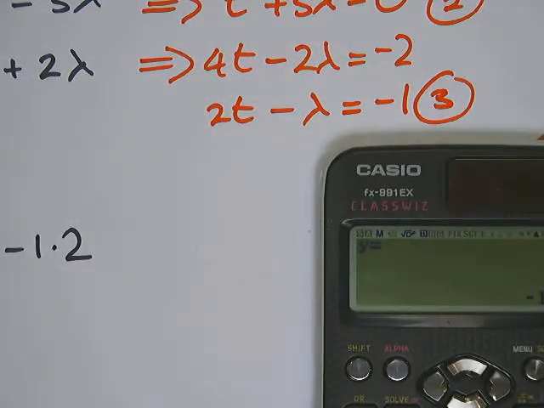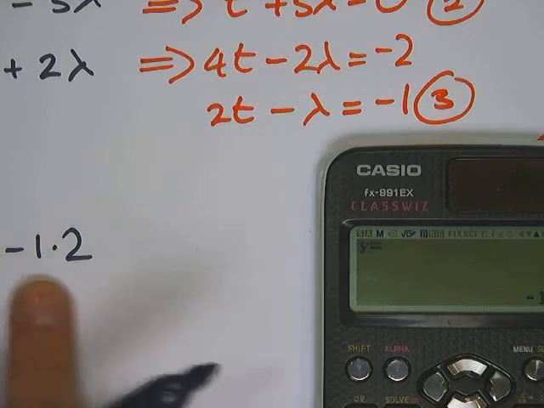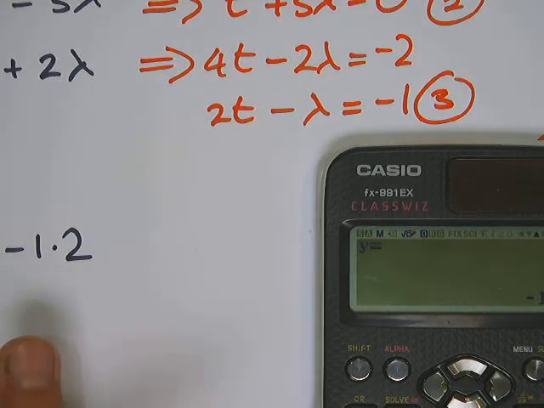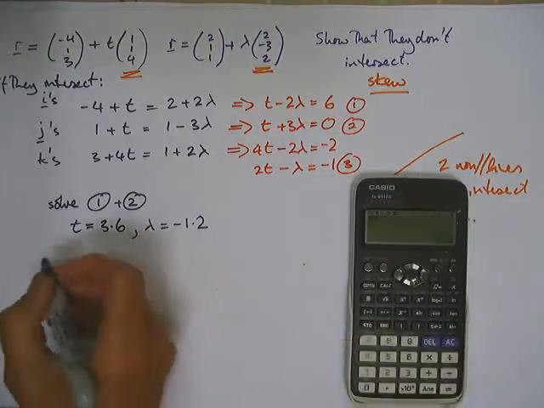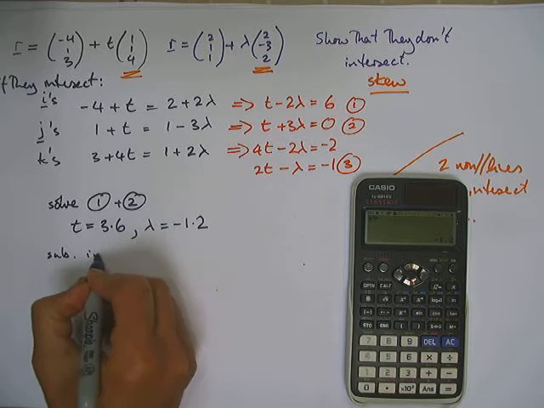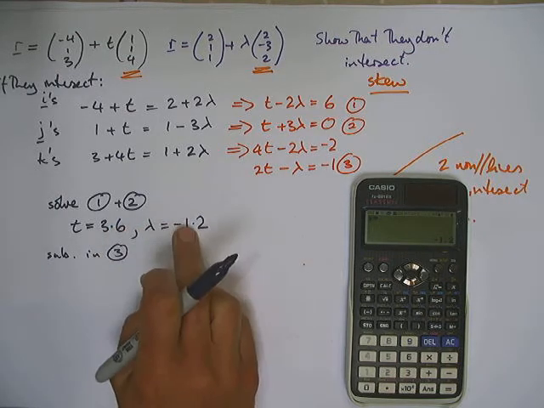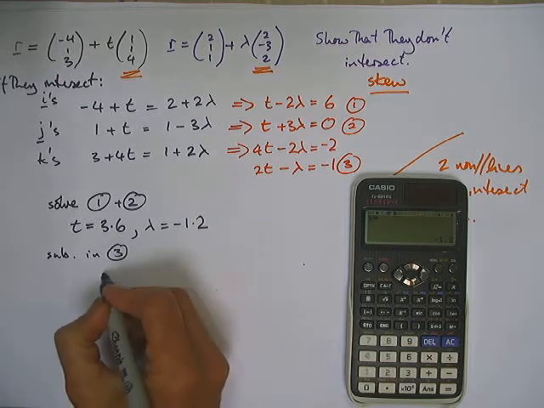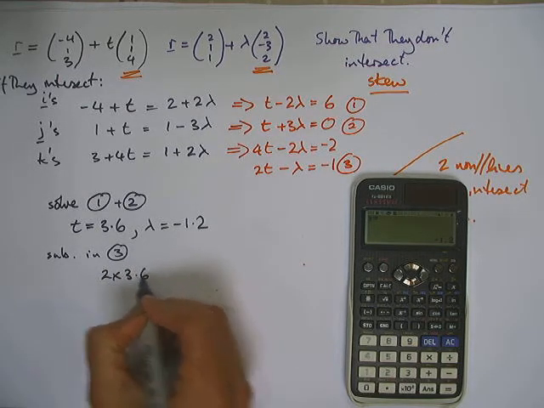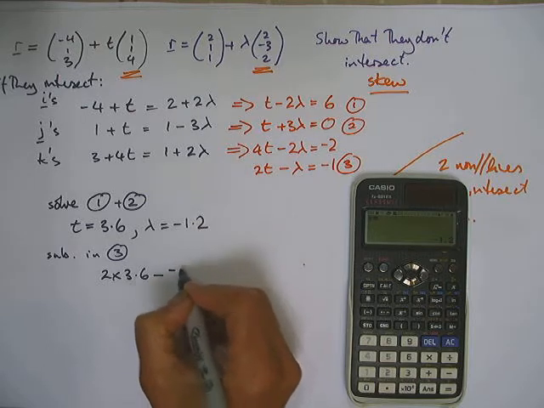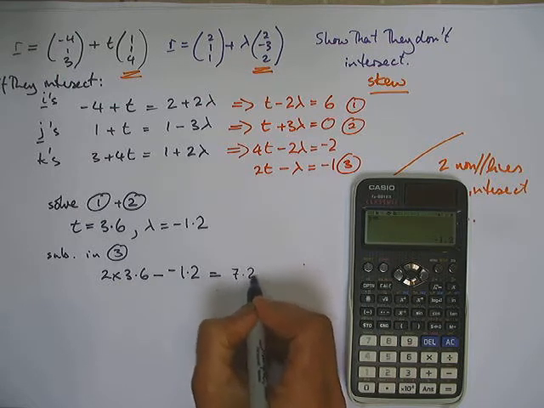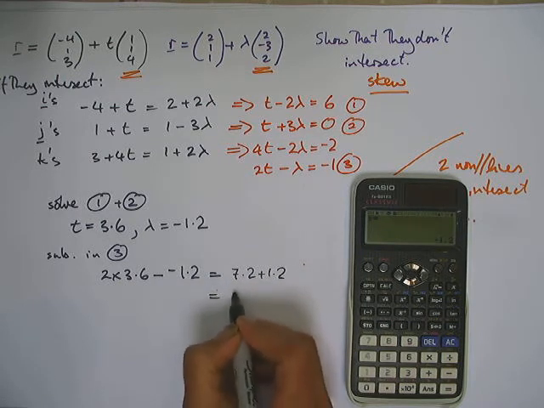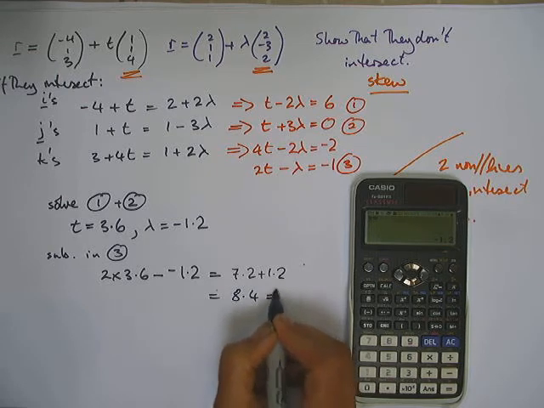I've got a choice. I could now either solve 2 and 3 or 1 and 3, and because we're told they don't intersect, find a different pair of values. Or simply sub in 3, show that these two values are inconsistent in the third equation. 2 times 3.6, take minus 1.2 equals, so that's 7.2 plus 1.2 equals 8.4, which is not equal to minus 1.